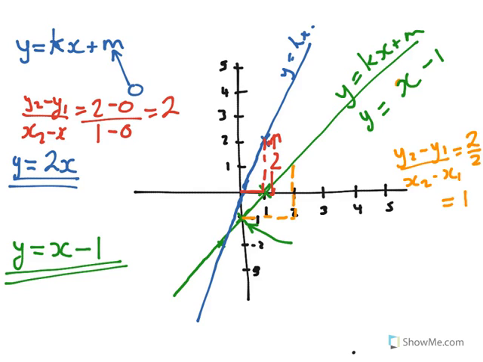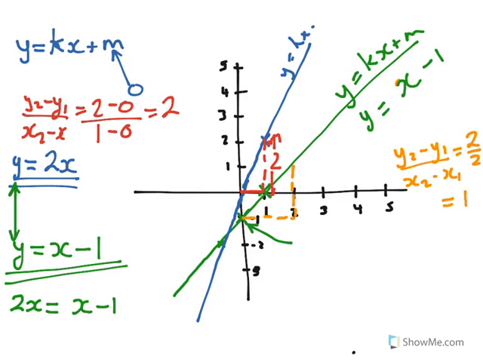The way we can find out if these lines will ever cross is this: if the lines cross, the values of y for the two lines would be the same. So if these lines crossed at any particular point, they would have the same y value. So let's substitute 2x here, because the values of y are the same. We would say that 2x must equal x minus 1, because y equals y.